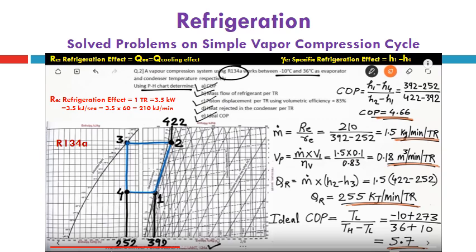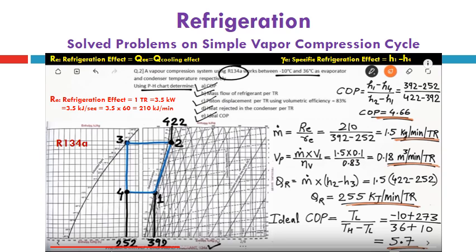The piston displacement of the compressor, Vp, equals m dot refrigerant multiplying by the specific volume at state 1 divided by the volumetric efficiency of the compressor, equal to 1.5 times 0.1 divided by 0.83, which is equal to 1.18 meter cube per minute per ton.